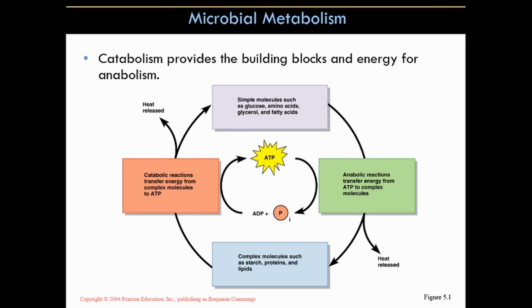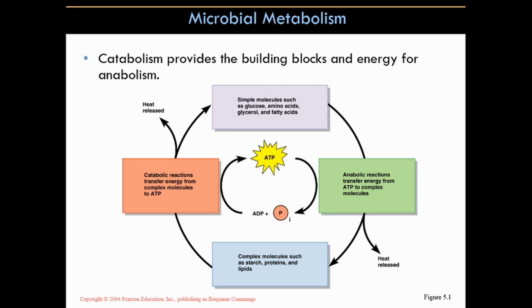So this graphic here, it's circular, it's cyclical, and so you can jump in anywhere in there, and you can see how it's a basic cycle that goes on within our cells in order to break down compounds or to build them up. So if we start at the top in the middle, the simple molecules such as the building blocks, they're glucose, amino acids, glycerols, fatty acids.